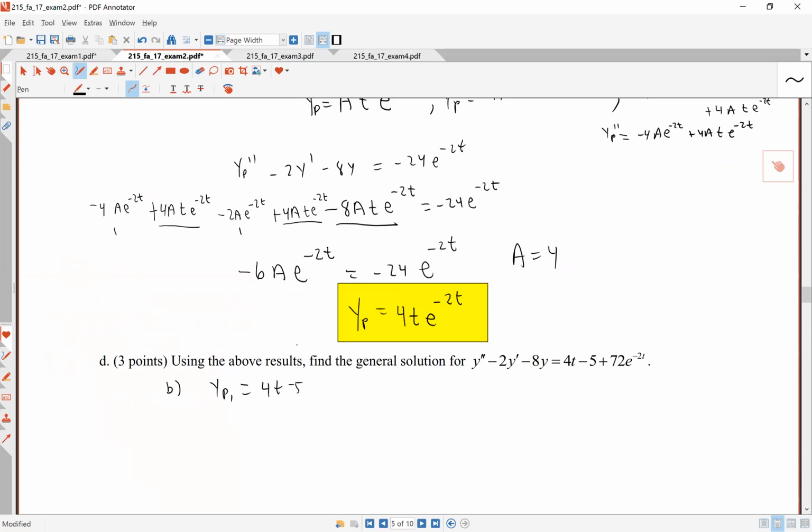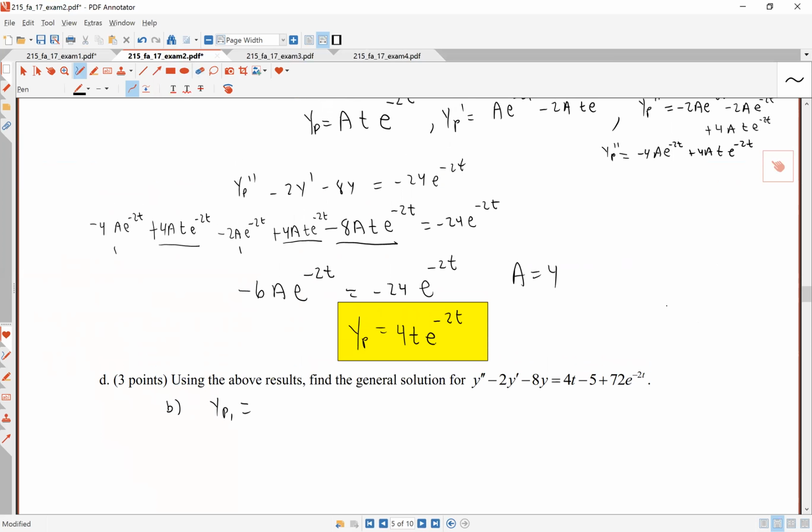Sorry, let me hold on a second here. Okay, yp1 on this one is 4t minus 5. From B, what we had is negative 32t plus 40, which is negative 1/8 of that.